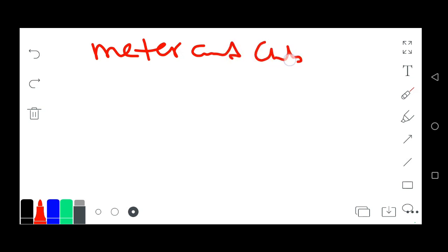So the conversion units between centimeter cubic and meter cubic.